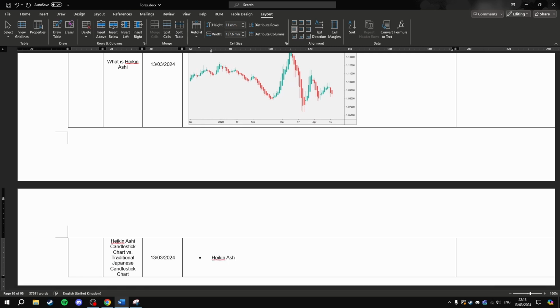Heikin Ashi versus traditional Japanese candlestick. Spot candlestick wrong, yep.